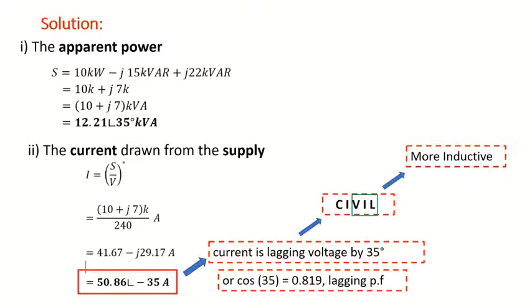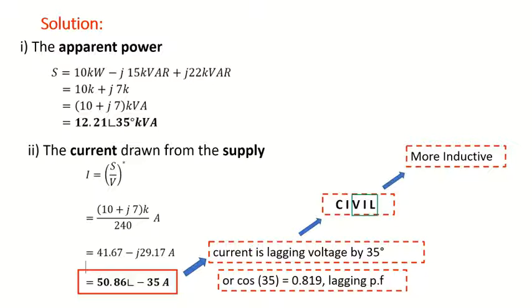If you convert to polar form, you get 50.86 ampere with an angle of minus 35 degrees.